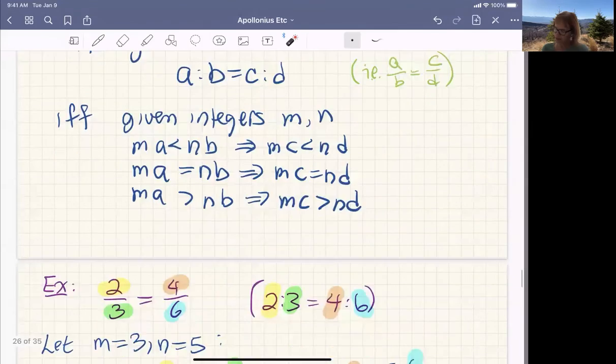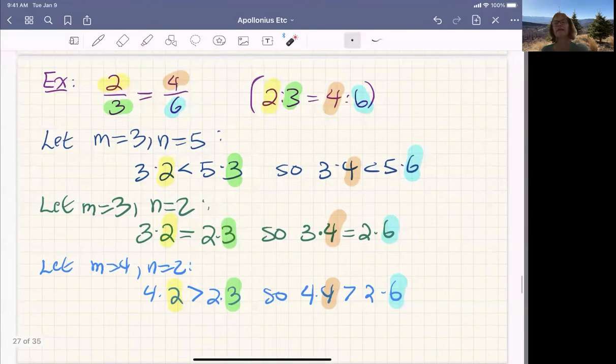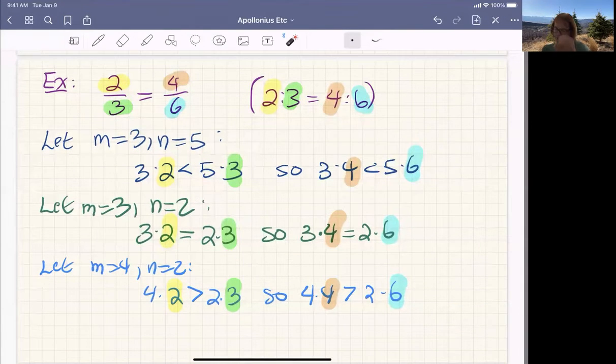Let's look at an example. And I color-coded it so that you could see what's what. So let's just look at it in modern terms using fractions. So 2/3 is equal to 4/6, or the ancients would have said 2 is to 3 as 4 is to 6. Let's say m is equal to 3 and n is equal to 5.